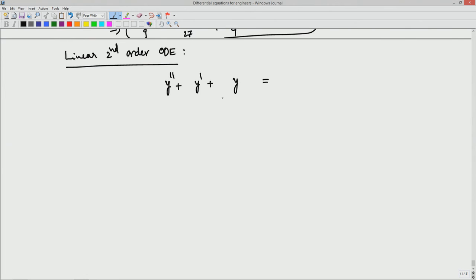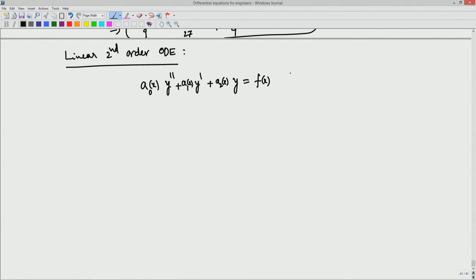Okay, so the right hand side is f of x. If it's linear, I should have only y, y dash and y double dash, not its squares, not its powers. Okay, so only a combination, a sum or addition. So I will just multiply with some a0 of x, a1 of x, a2 of x equal to f of x. So this is the form you have.